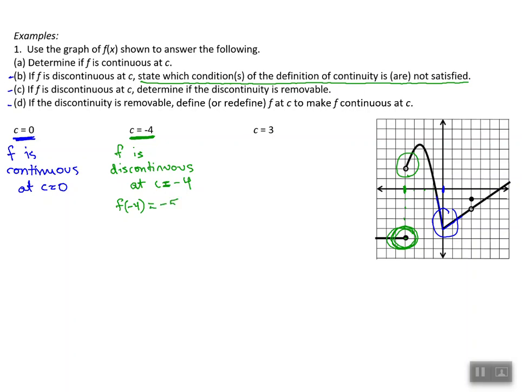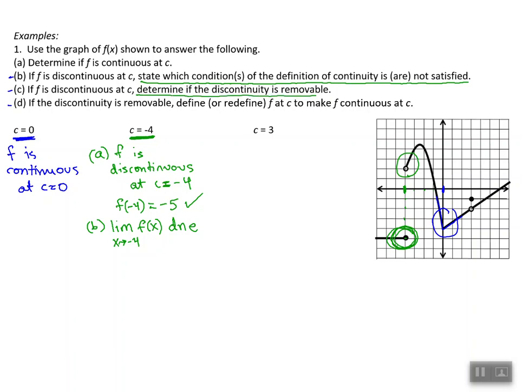That function value is defined. So that's not the part that fails. The part that fails is that the limit does not exist. So I'm going to write that the limit as x approaches -4 for our function f of x does not exist. So I already stated, part A, the function is discontinuous at this x value. Part B, I've determined which condition of the definition of continuity is not satisfied.